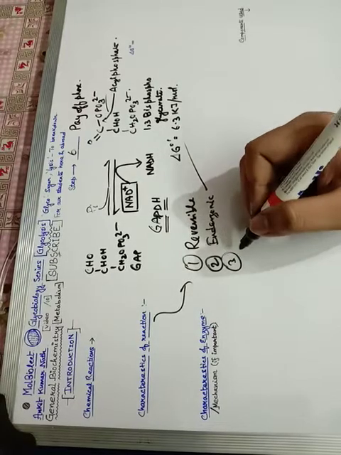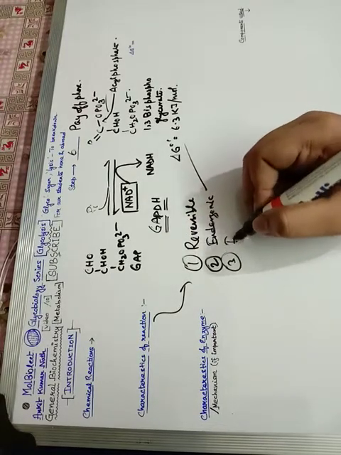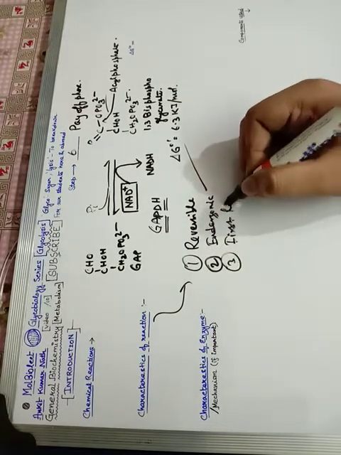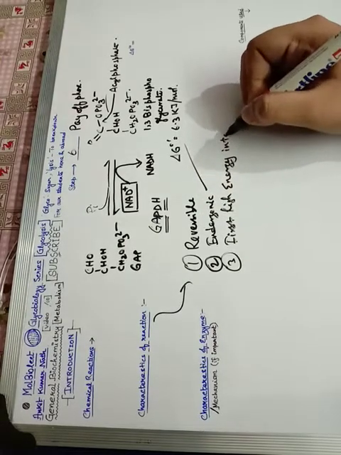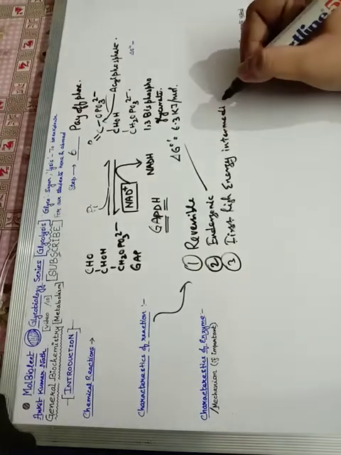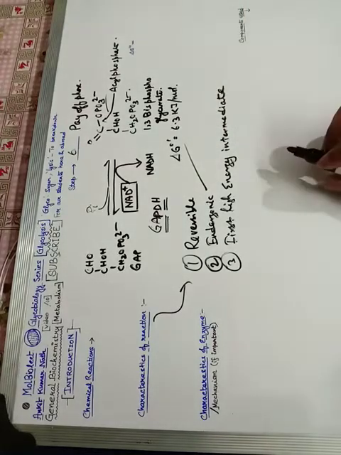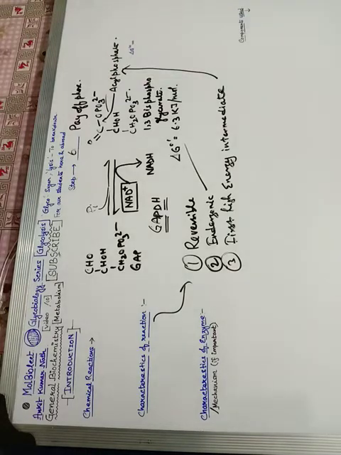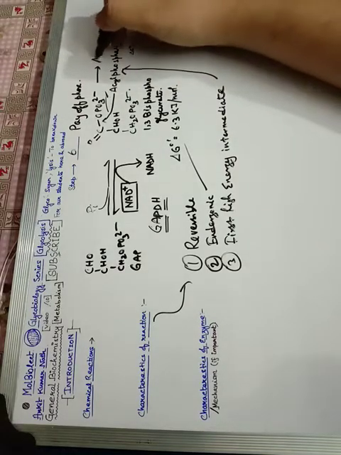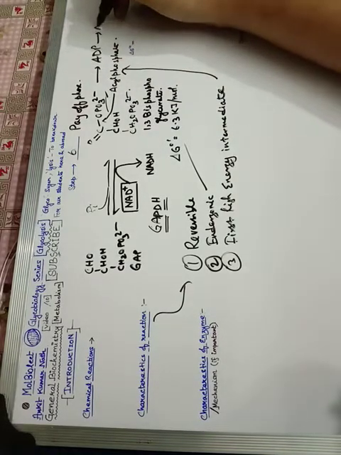The third point is this produces the first high energy intermediate. That's why I was talking about the acyl phosphate bond. This acyl phosphate bond is a high energy intermediate because it has high group transfer potential, that is transfer of this phosphate group to an ADP molecule to give you an ATP molecule.